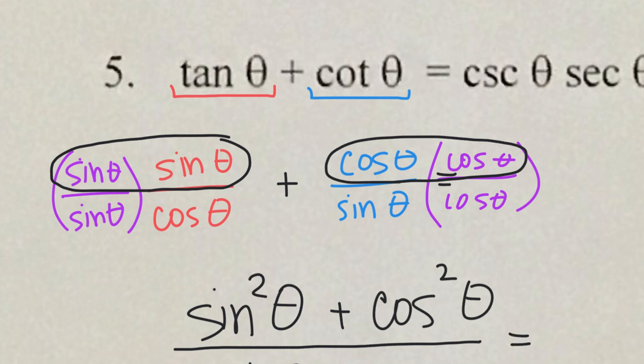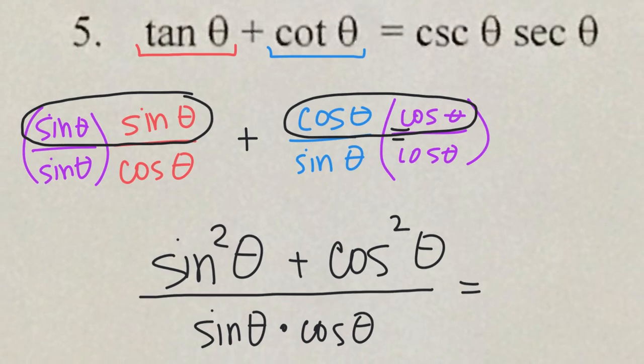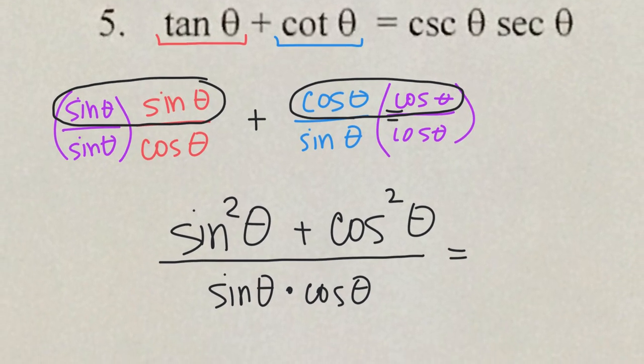Which is fantastic. We no longer have an addition problem. Now we have a single fraction, which is sort of on the way to what we want the answer to be. Now our next step is to identify this very powerful Pythagorean identity. What does the sine squared plus the cosine squared always equal?